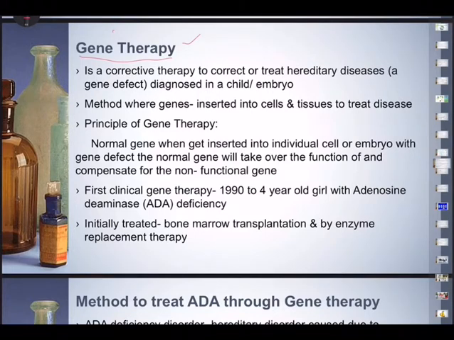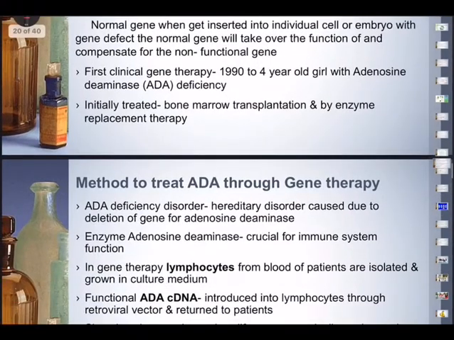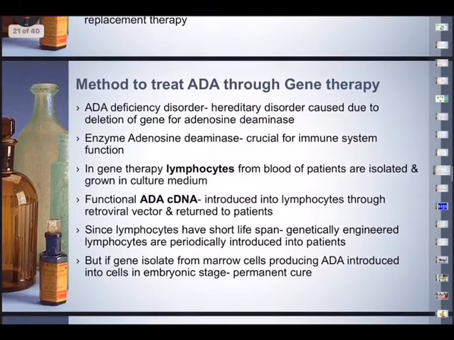So SCID. How do you expand that? S for severe, C for combined, I for immuno or immune, D for deficiency. That's how we say SCID, severe combined immunodeficiency.